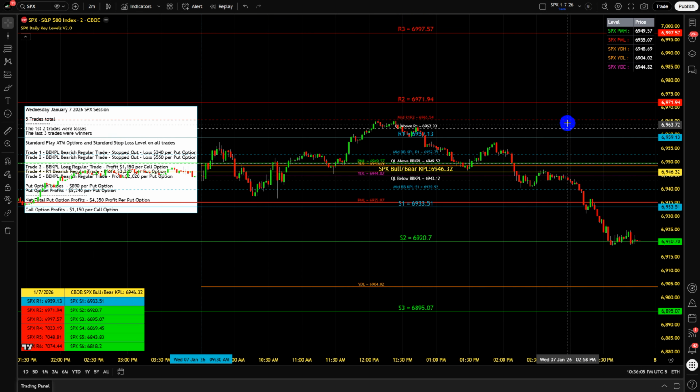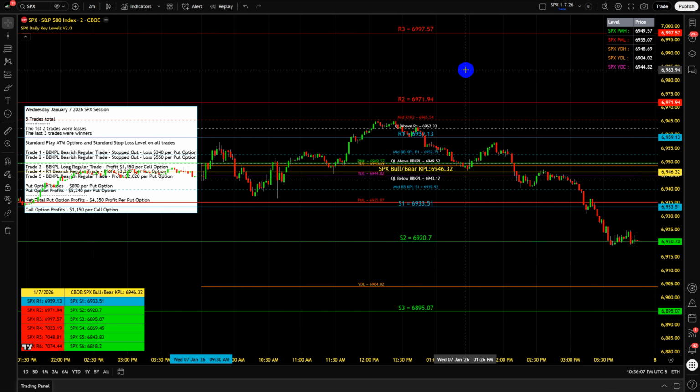But generally speaking, about 80 to 85% of the sessions that you'll see in a normal year, on SPX at least, are going to range primarily in the R3 through S3 range.